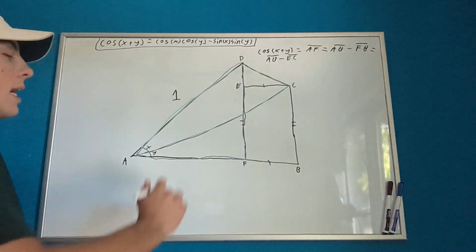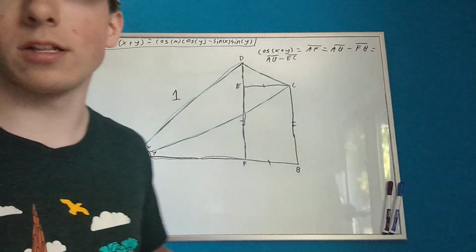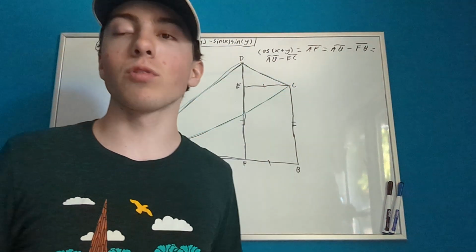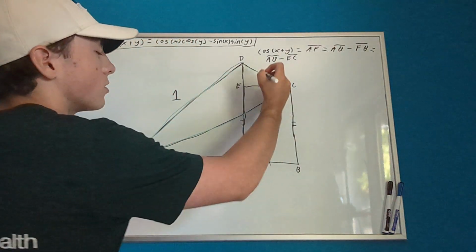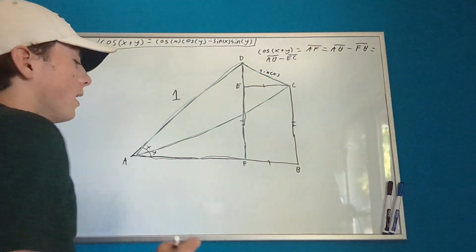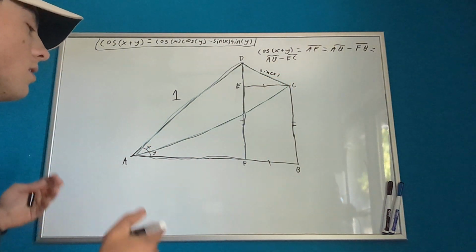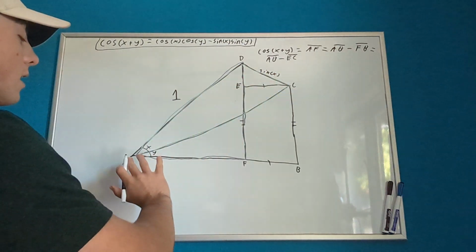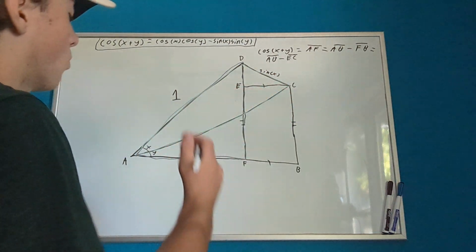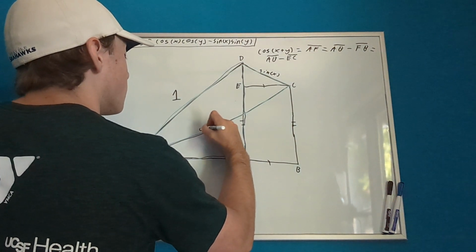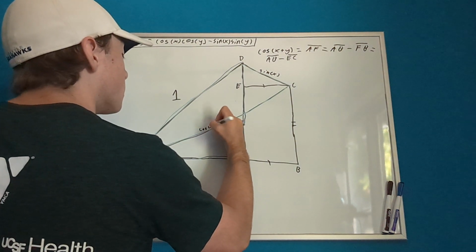Line segment DC, and it's over 1, so the 1 cancels out, which leaves line segment DC equal to sine of x. Let's write that down. Then let's find cosine of x. Cosine is adjacent over hypotenuse, and the adjacent is line segment AC, and the 1 cancels out. So AC is equal to cosine of x.